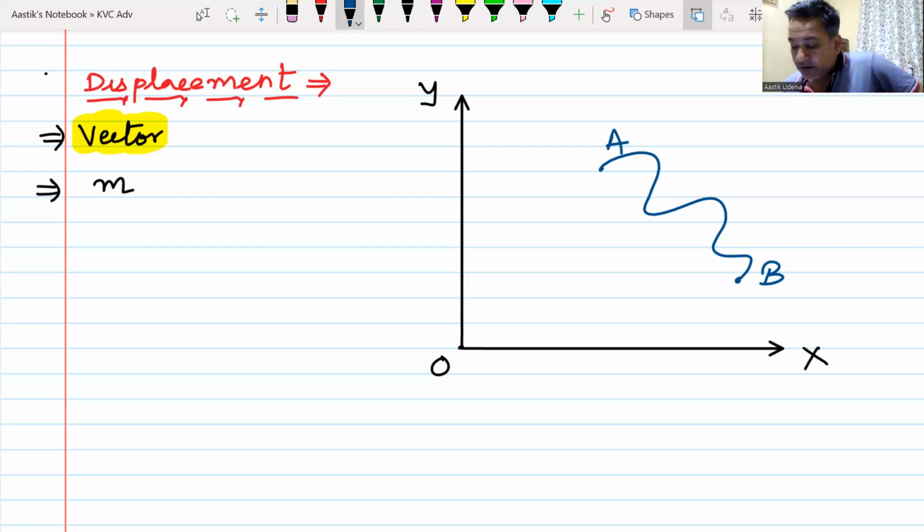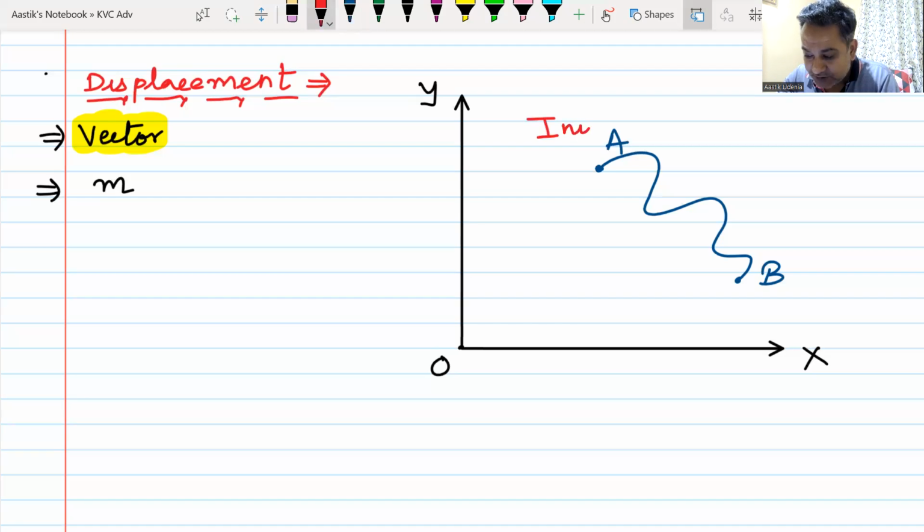Okay. What about displacement? Remember, displacement is a vector quantity. So if a particle goes from point A to point B, if I talk about displacement, you have to tell me something about the vector. So now think again. I'll give you 1 minute to think. Displacement is a vector quantity. Particle has moved from point A to point B. This point A is sometimes known as the initial position.